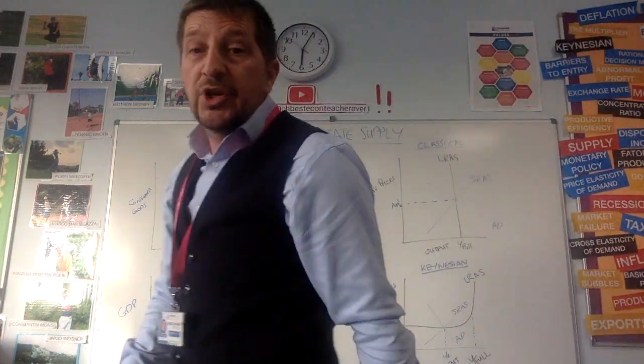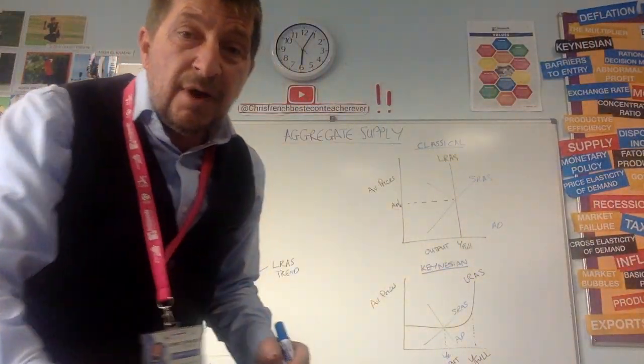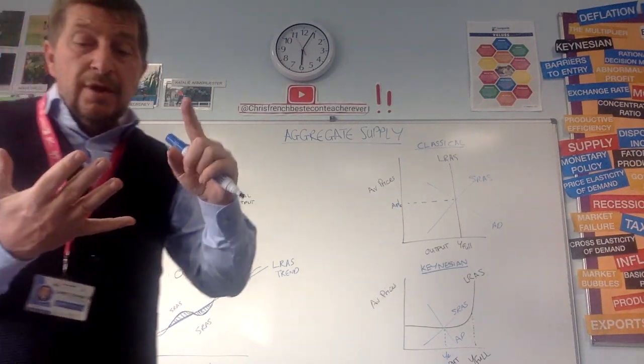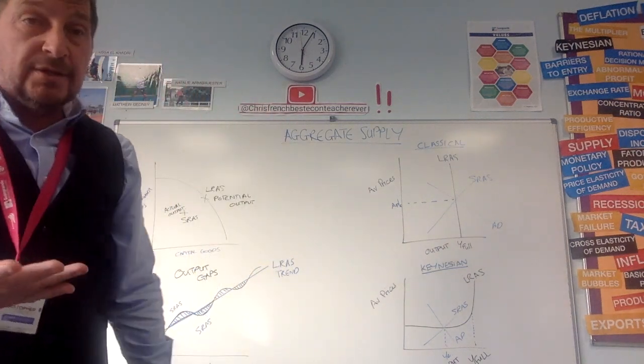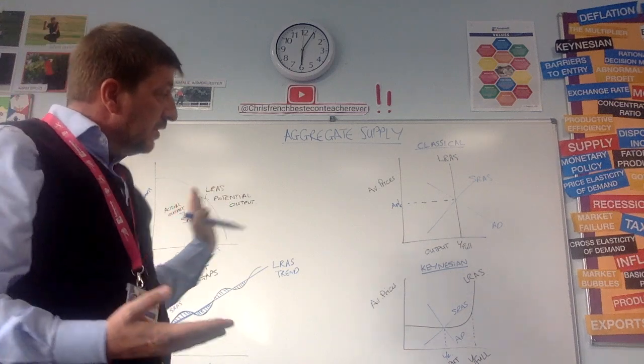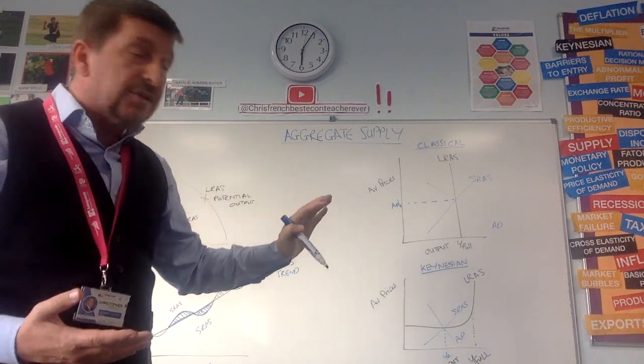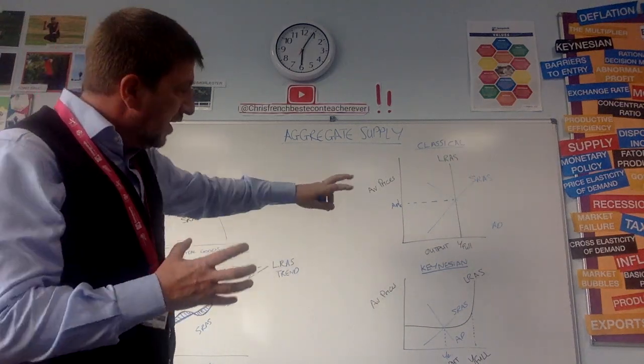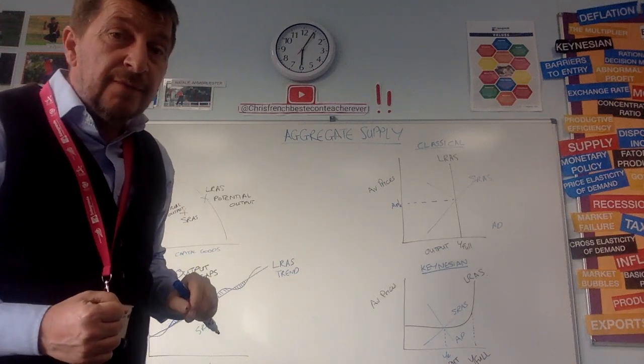In fact, what he would suggest is that we intervene in the market. We use fiscal policy and monetary policy to get aggregate demand up or to increase aggregate supply, and try to reduce the level of unemployment in the economy.